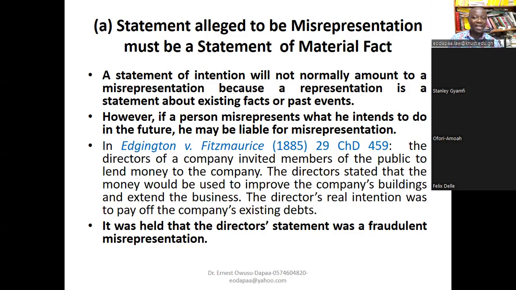And that was why the court was prepared to conclude that the statement that they were going to use the money for expansion was a statement of intention and could still give rise to misrepresentation, because there was no basis for having such intention.